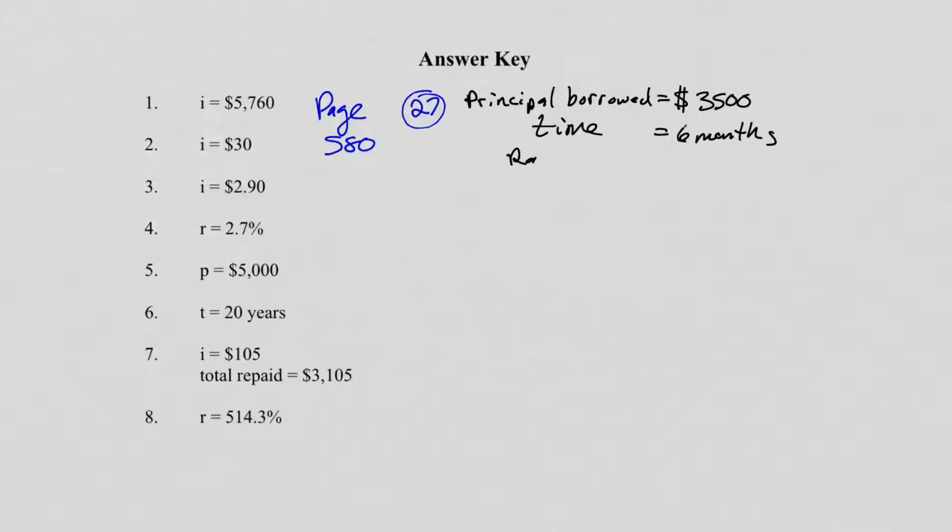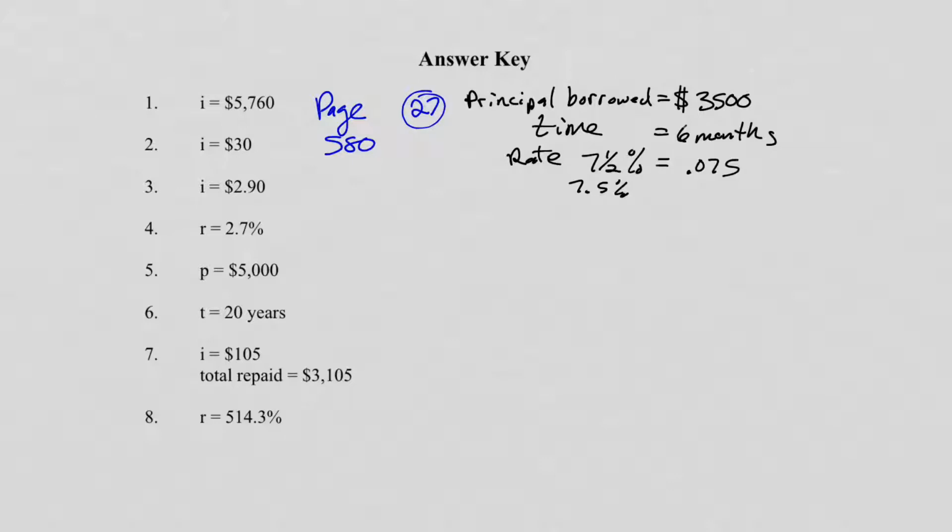The rate that the bank is charging her for the life of this loan is 7.5%, so that's 0.075 as the decimal rate.